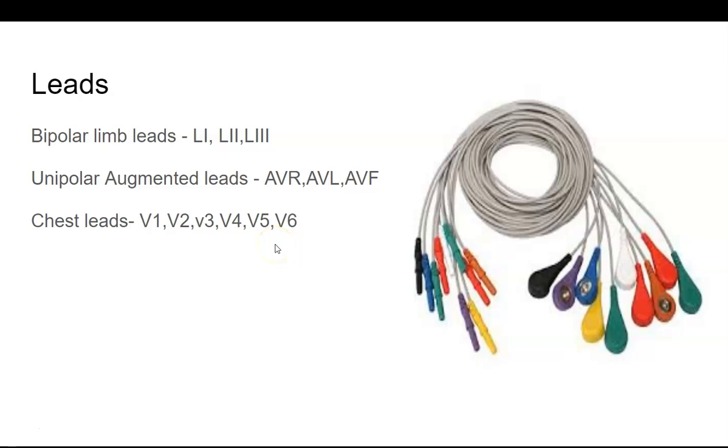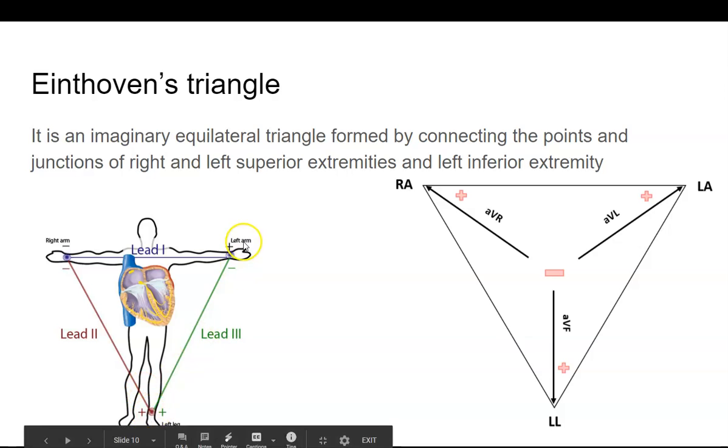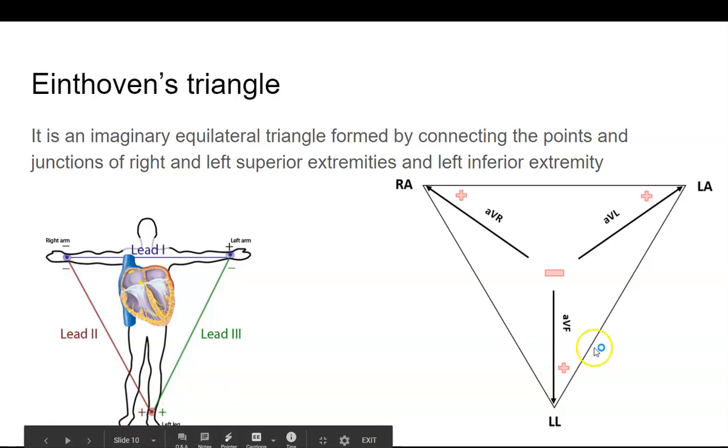I will show you here how these leads are formed, because we are connecting 4 lead wires and 6 chest leads. So you will be saying that it's a 10 lead. No, actually we are getting a 12 lead from these 4 limb leads.